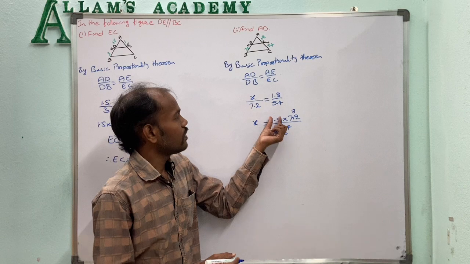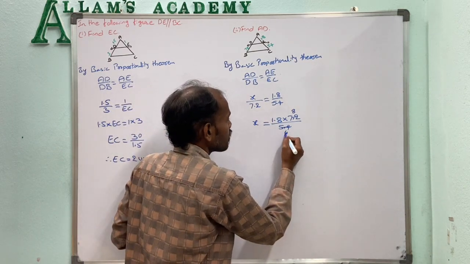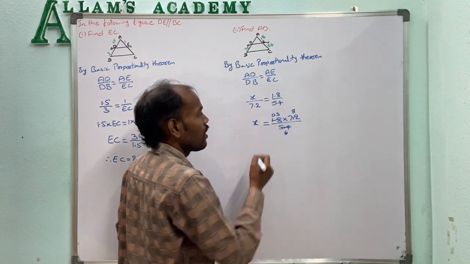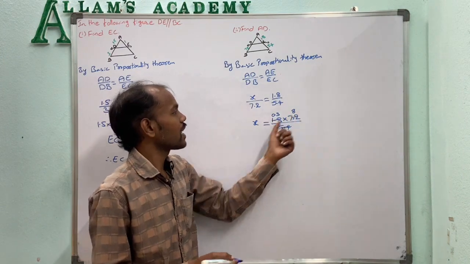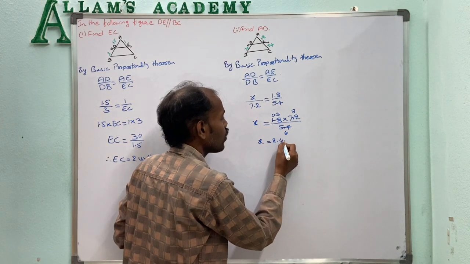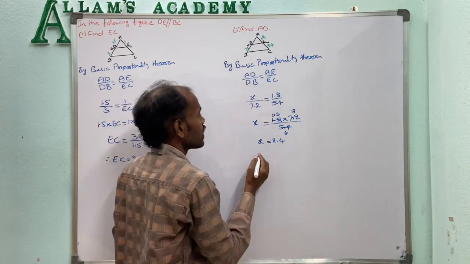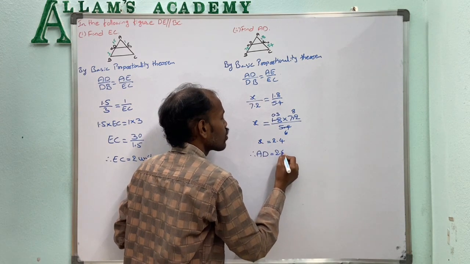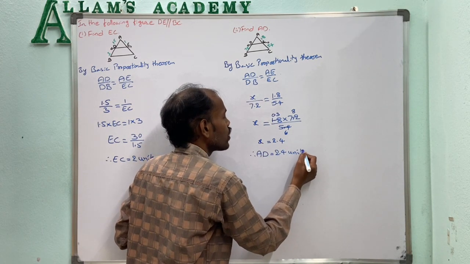Now 6 threes are 18, which will be cancelled. So 6 into 0.3 is 1.8, and 0.3 into 8 is nothing but 2.4. So X means that is the AD value. So AD is equal to 2.4 units.